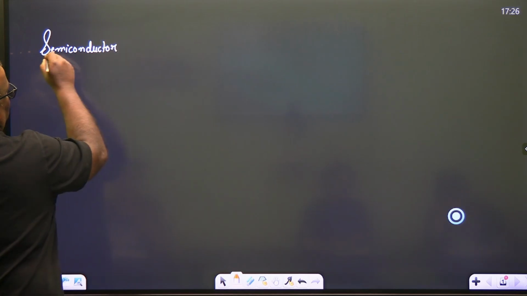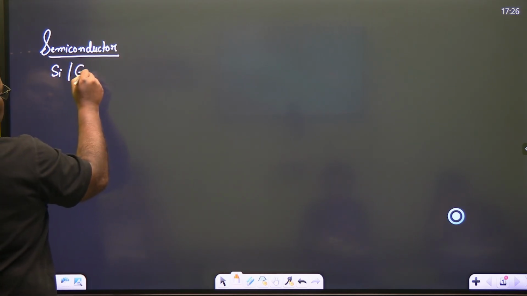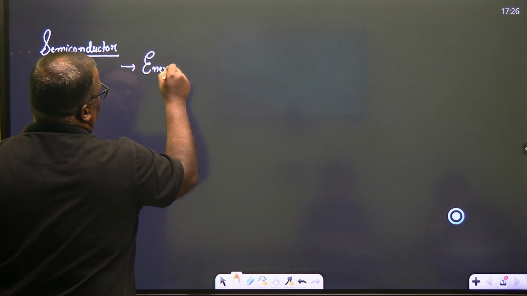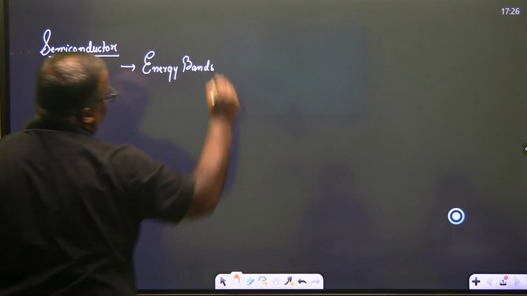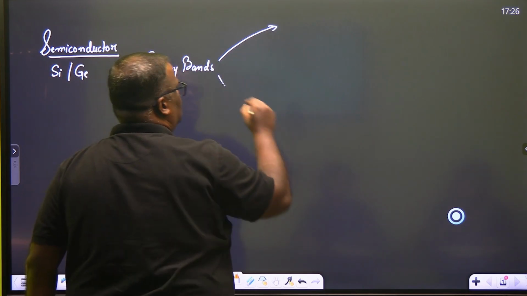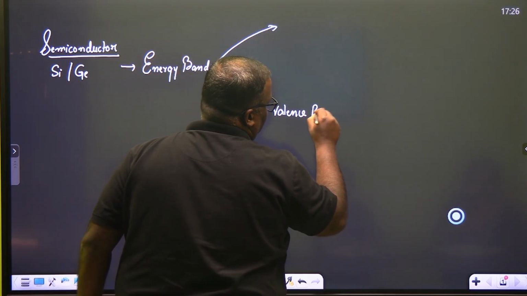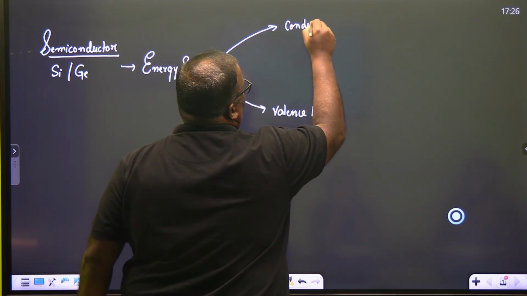when we talk about semiconductors, the two things in our mind are either silicon or germanium. A semiconductor is supposed to have energy bands, and these energy bands are of two zones: valence band and conduction band.